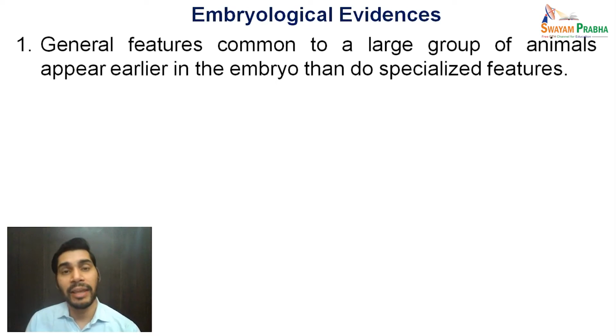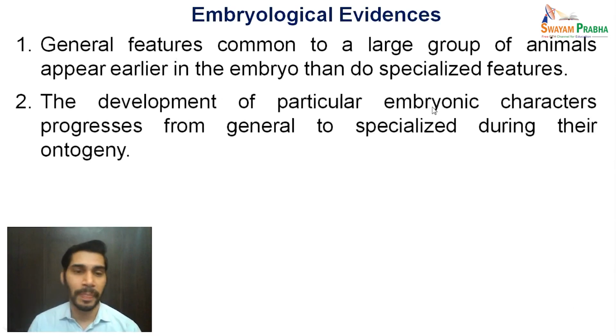Let's say we are talking about a particular bird: a general feature common to all vertebrates, let's say the heart, arises first, and a more specialized feature for a bird, let's say a feather, arises much later. So general features appear first, then the specialized features.